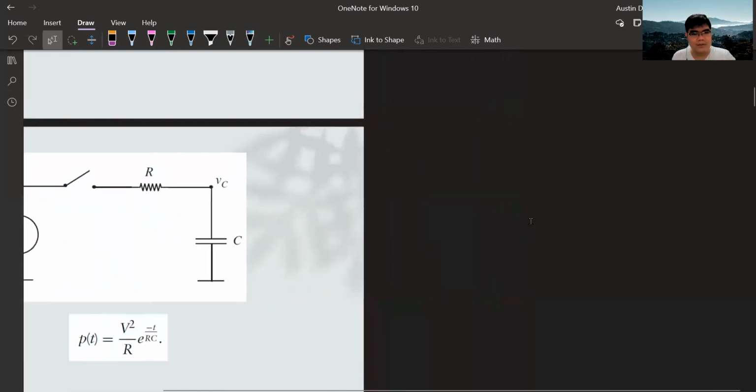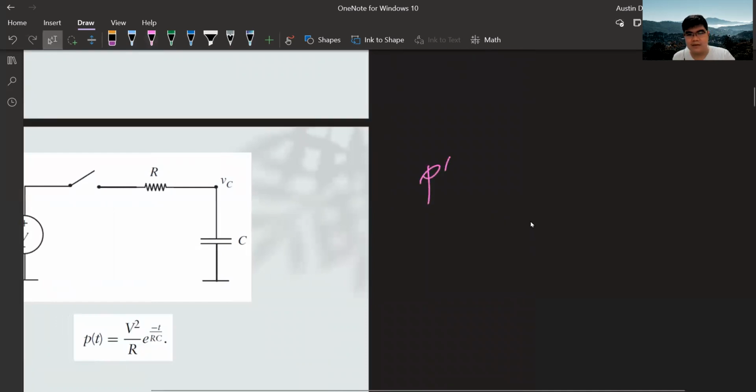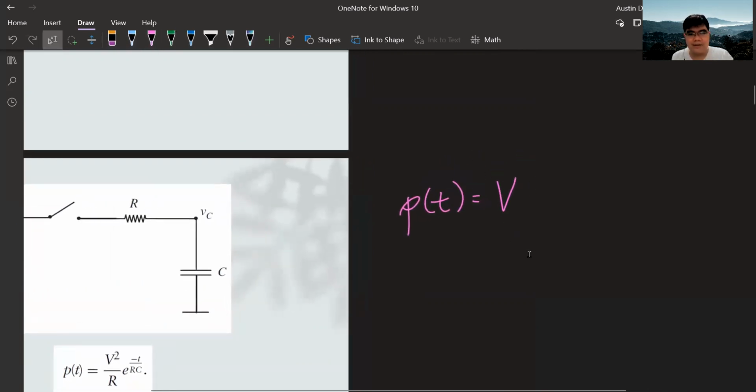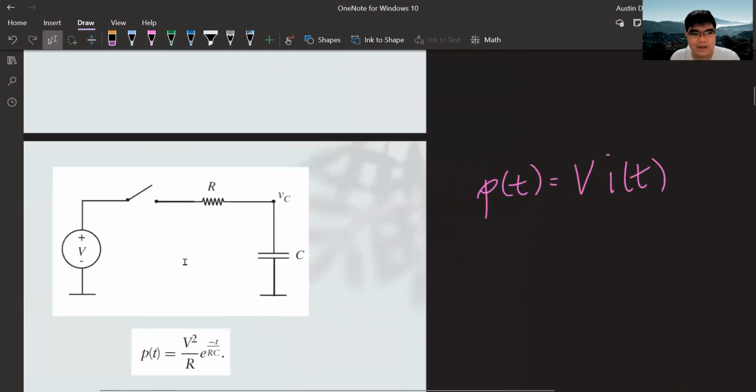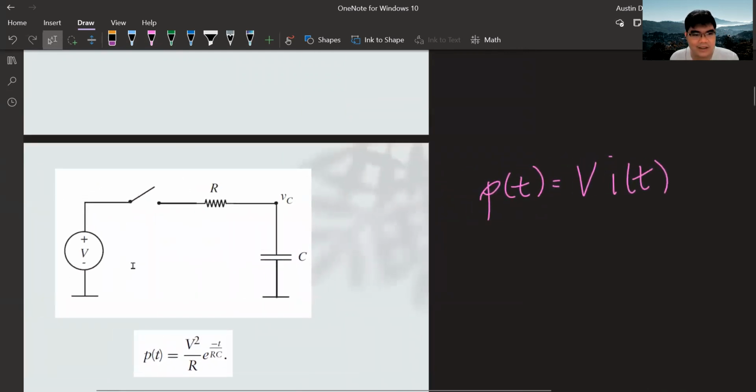So, that would be given by P of t must be equal to the voltage it is giving. So, V lang lagi yung binibigay niya. So, we have this and then the current I of t. Okay? So, kinuha natin to kasi gusto natin tingnan yung kaya niya ibigay dun sa buong circuit.